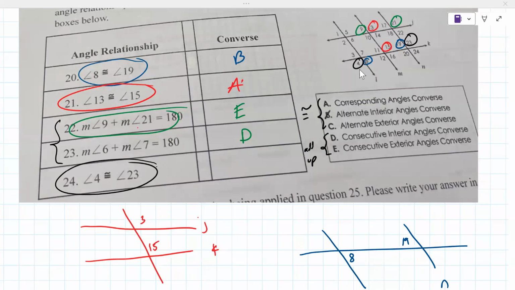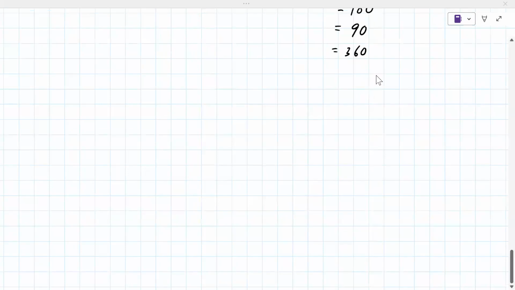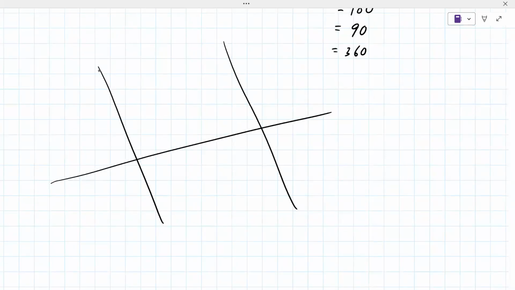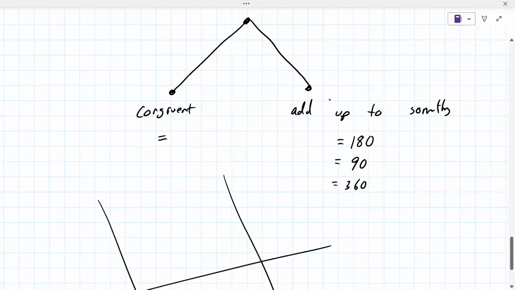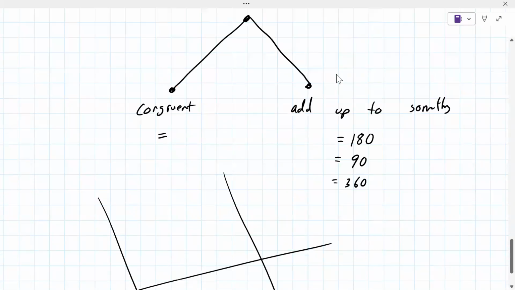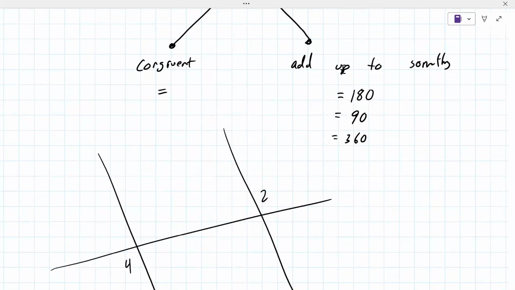Corresponding. Okay, so let's draw them without all the additional lines here. So it's like this. There's this one, there's this, and then I just lost it. Sorry. 4, and 23.